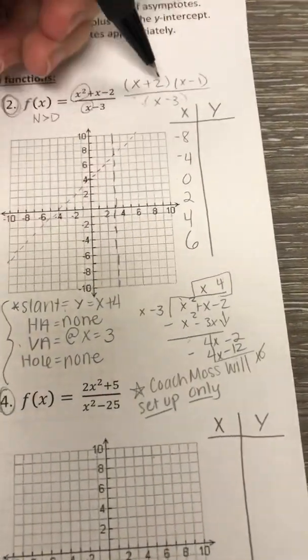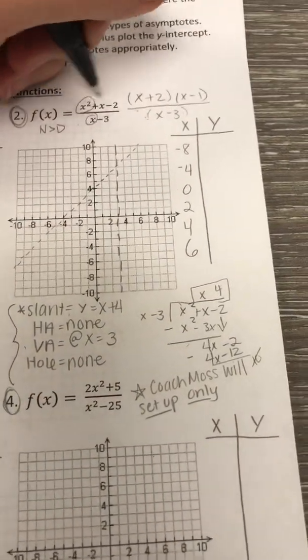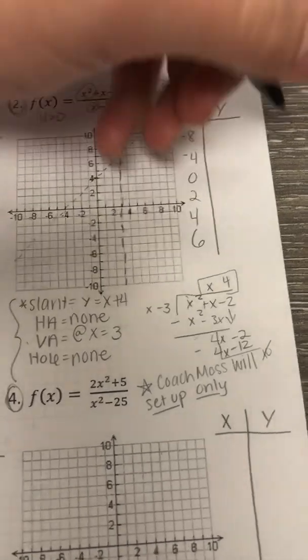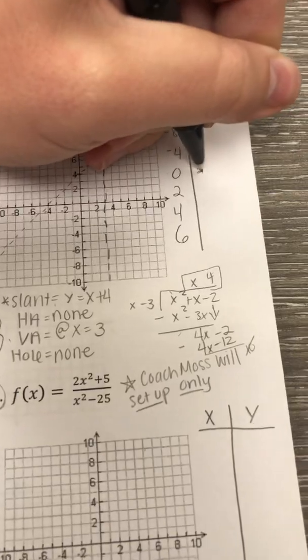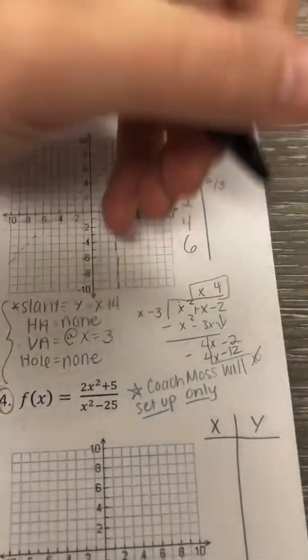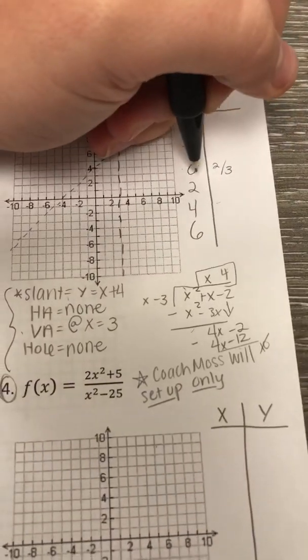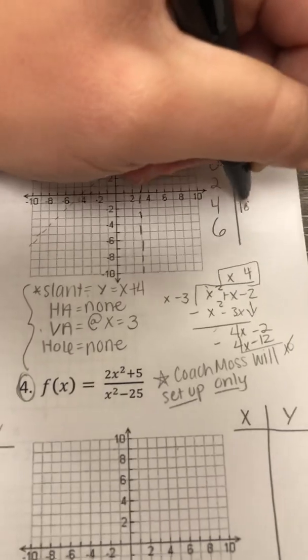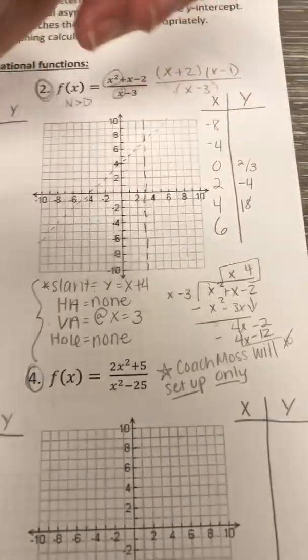If I were plugging in 0, for example, it'd be 0 plus 0 minus 2 over 0 minus 3, so it'd be 2/3 because we have a -2 over -3. Some of these I can do mentally, but some of them you'll want to graph. I've already done the math on these, so I'm just going to fill in what I've got.